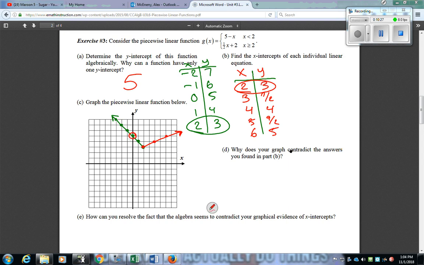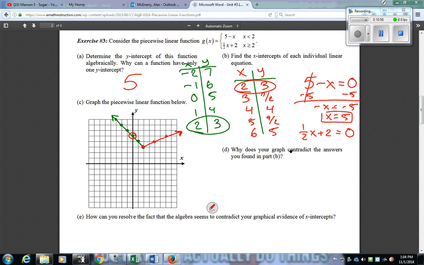Now they want us to find the x-intercept. And again, that would be when y equals 0. So if I set each of these equal to 0, and I solve for it. So if I subtract 5 on both sides, I get negative x equals negative 5, and divide by negative 1, I'm going to get x is 5.